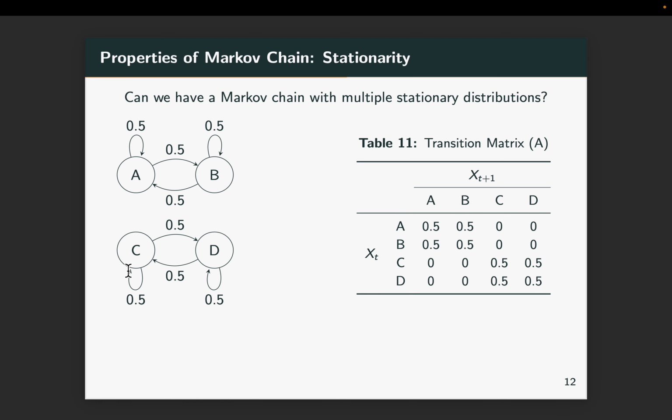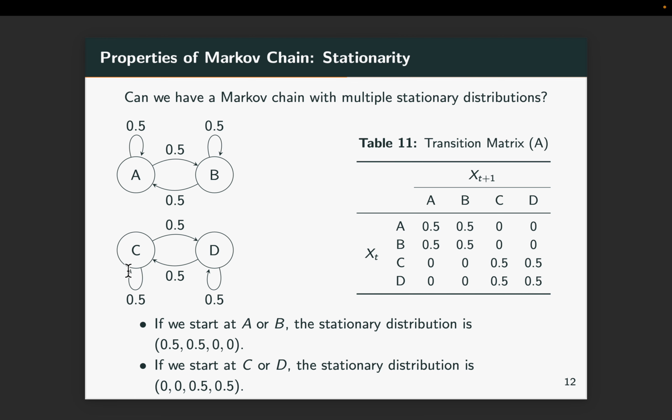Anyone? Someone else? It's not yet answered. So, can you now explain what are the 2 stationary distributions that this Markov chain will have? It's highly symmetric. 0.5, okay.